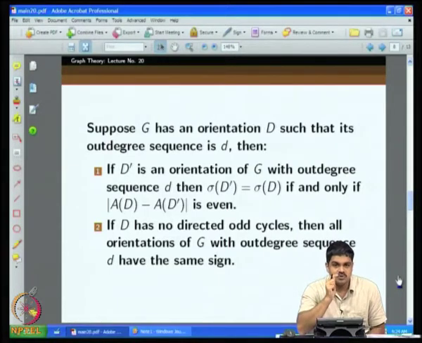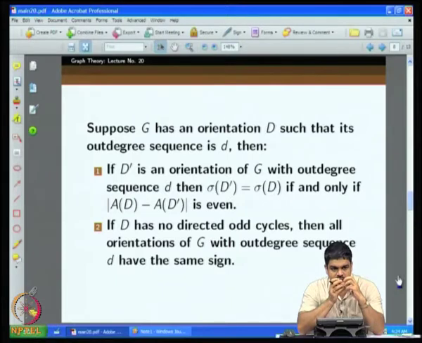If you keep on considering the edges E1, E2, and so on, the first time the signs are plus and minus, then the next time it comes back to equal sign, then the next time again multiplication makes it two different signs, and again the next multiplication makes it the same sign.